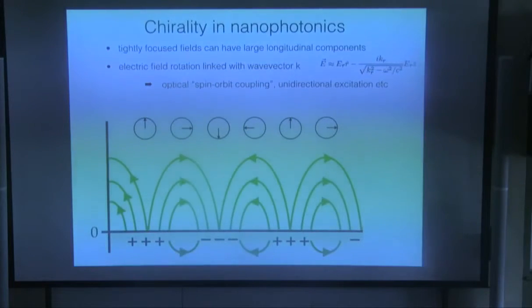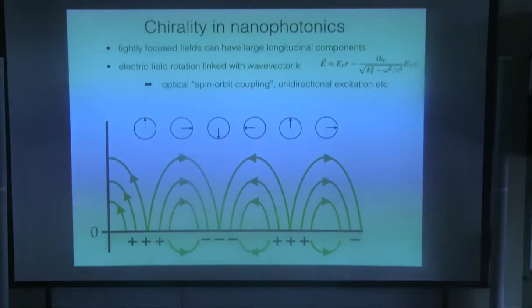Okay, so for the last part of the talk, I'm going to discuss chiral effects in these metasurfaces. So generally, this chirality has become quite a popular topic, as can be seen in many of the talks in this conference. Essentially, when you have tightly confined fields, they can develop large longitudinal components.